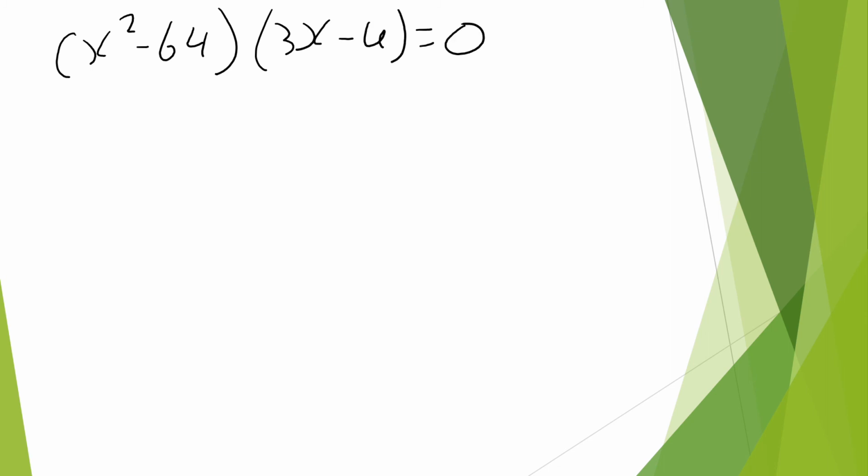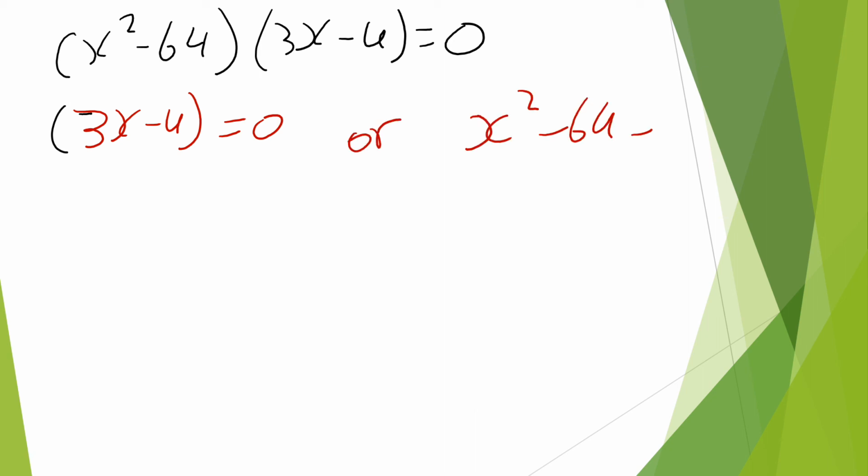Continuing solving equations, it could be an example like this. You don't expand every time when you want to solve equations, because when you expand you'll have to refactorize again. If it is equal to 0, we can just say either the first factor equals 0, or x squared minus 64 equals 0.